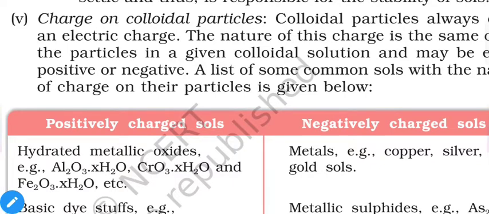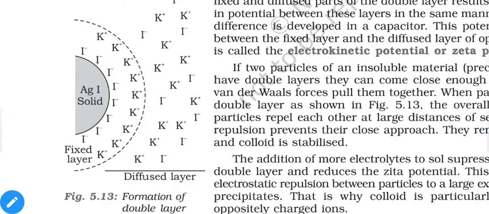So they do not mix with each other and do not create a larger mass which precipitates later. And because of this charge on the surface, they create a double layer formation.